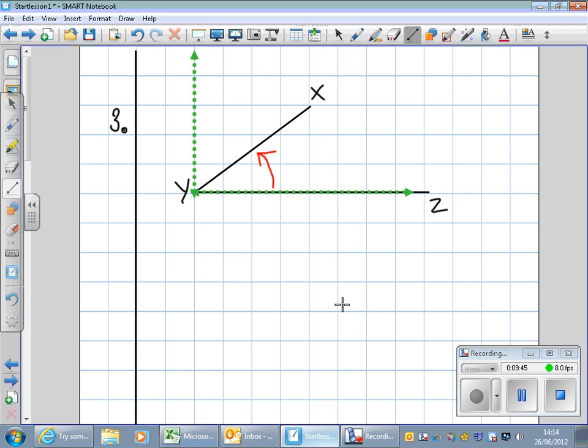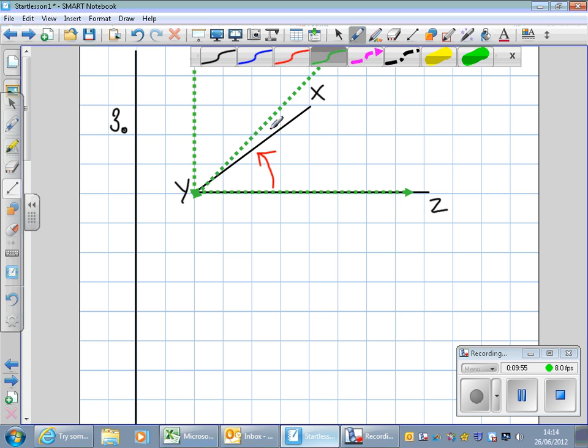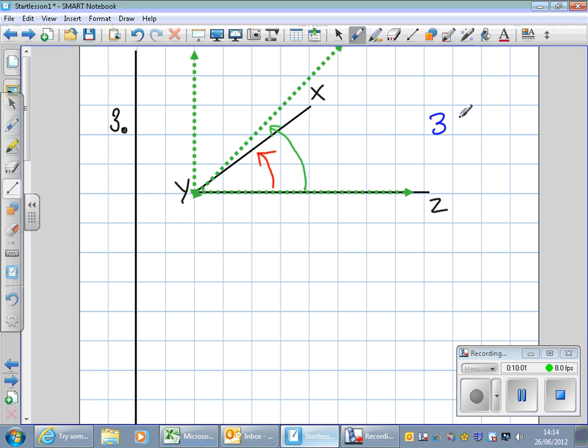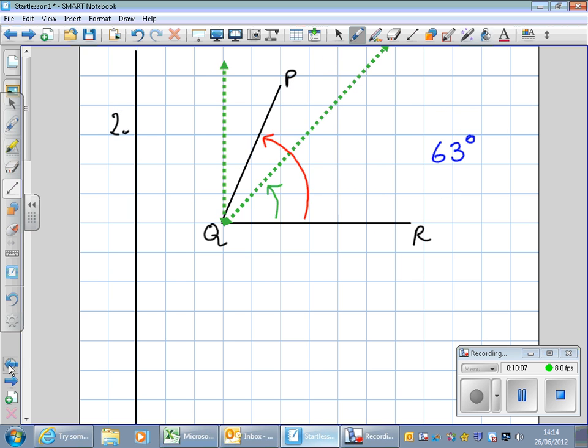There's 90 degrees. There's 45. How much smaller than 45 is my angle? I reckon it's only about 5 degrees. It's an estimation, remember. So I'm going to say it's about 39 or 40 degrees.